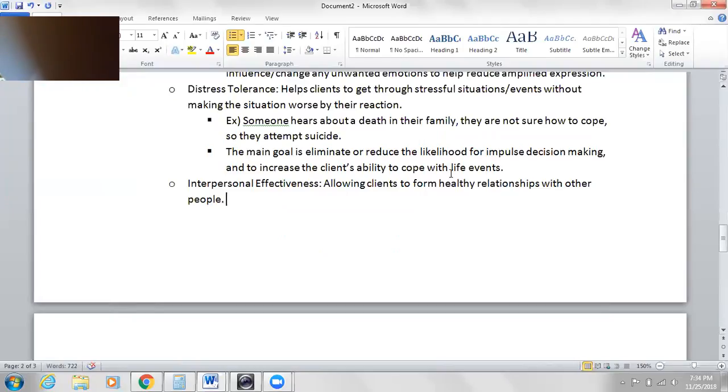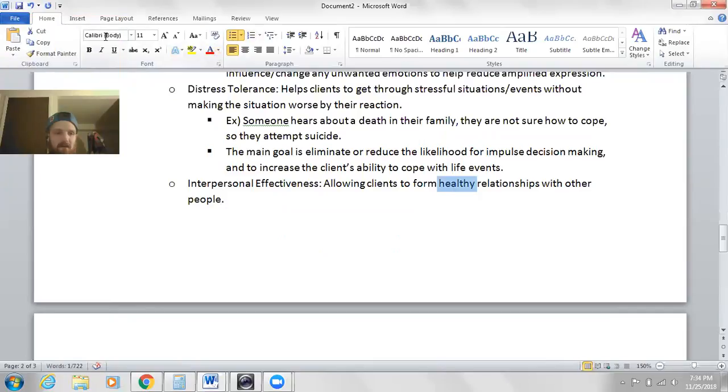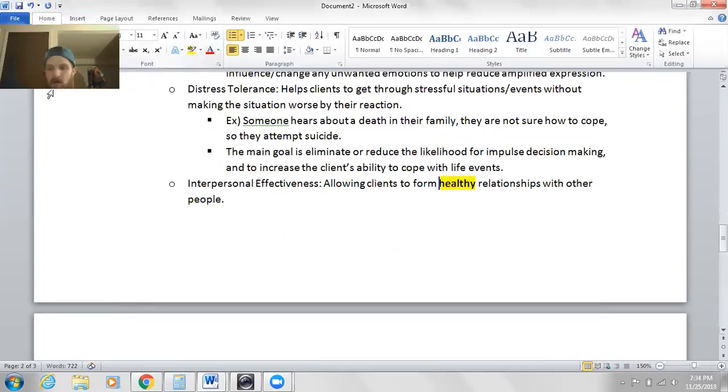And I'm going to put a huge emphasis on healthy. So not just any type of relationships that come about, but only healthy ones, because most people that have these types of disorders may be clinging to situations where the relationships are only based on purpose or survival type things.